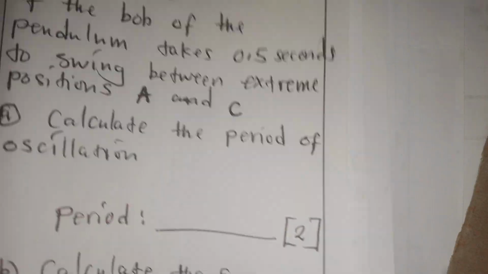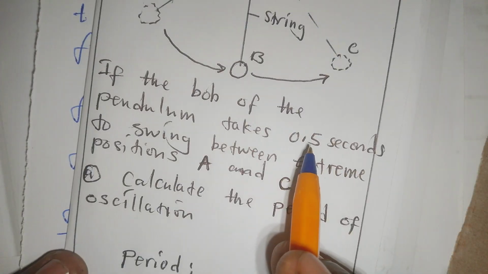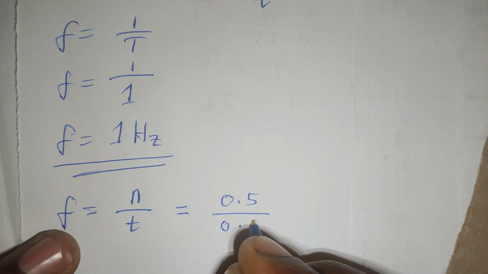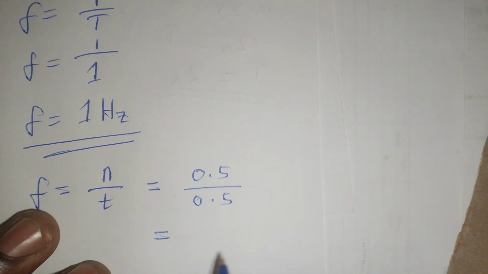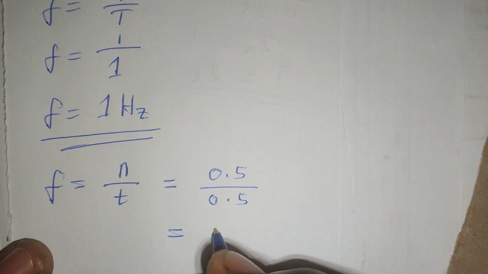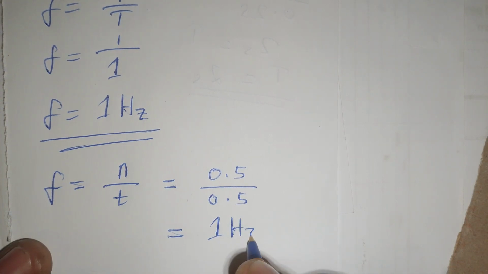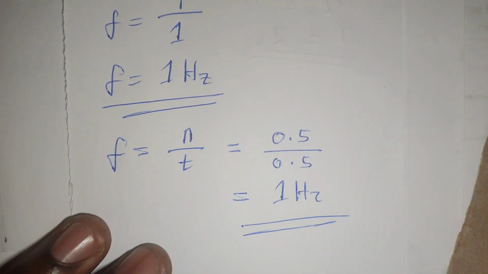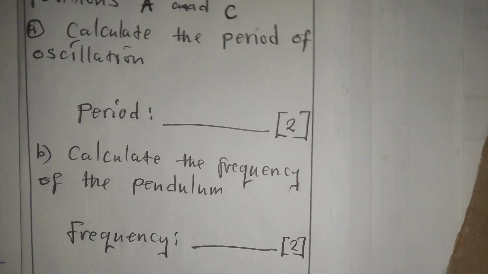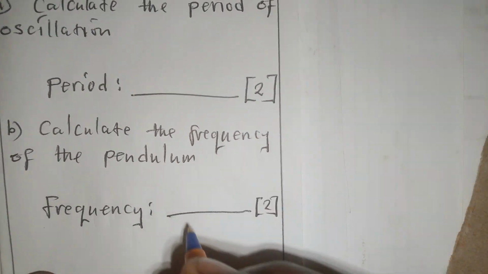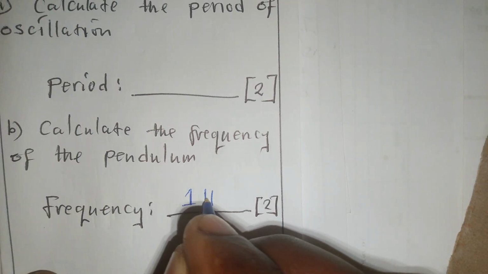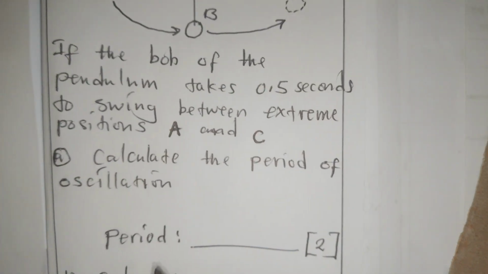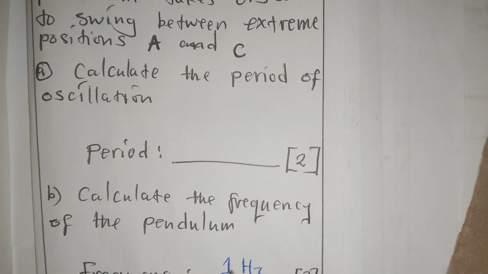Time taken we have been told is 0.5. So you plug in 0.5 and you are going to get 0.5 into 0.5, 1 hertz. This is your final answer. So frequency is equal to 1 hertz. Mind you, the unit for frequency is hertz.